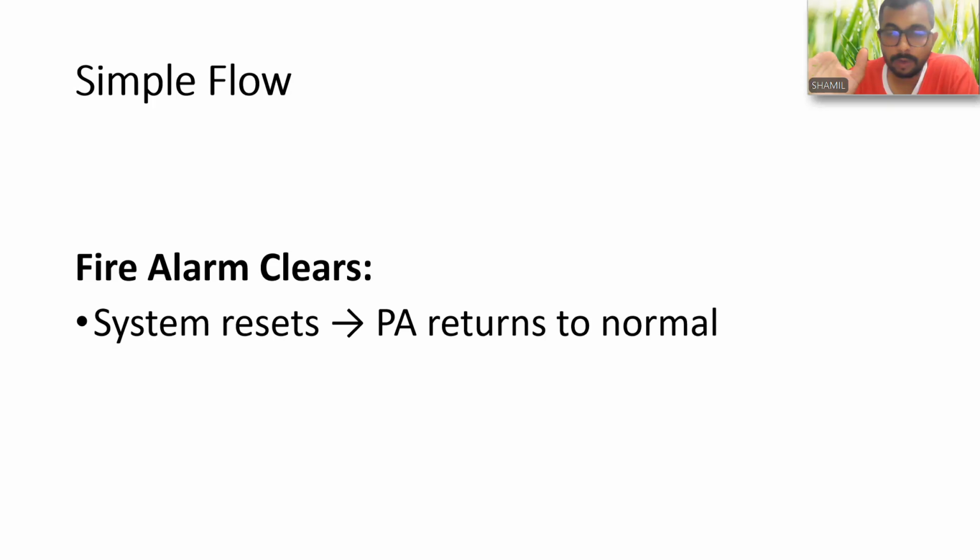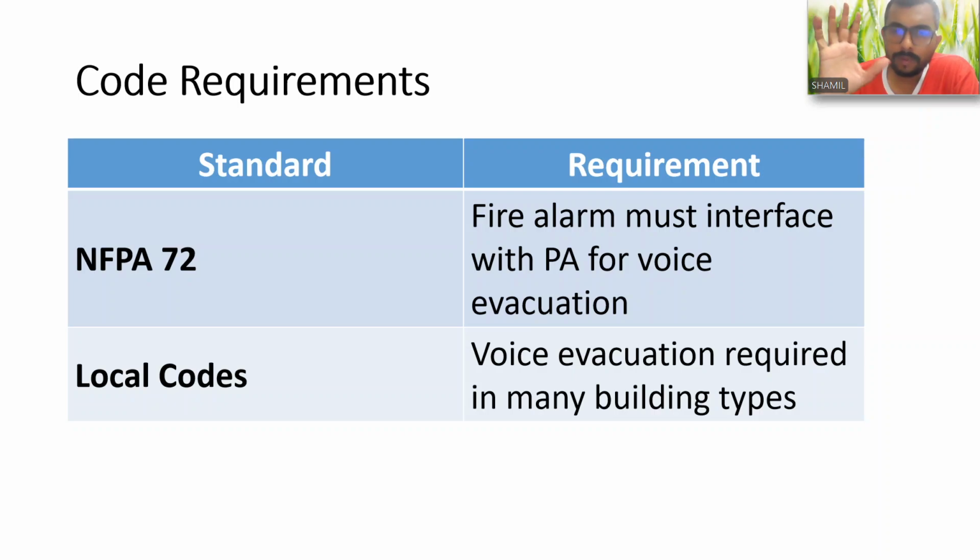This is just a brief explanation of what we had discussed earlier about the integration of the fire alarm system with the public address system. We will briefly go through the code requirements. We are not mentioning which clause it is, so I will leave it to the audience to go through the clauses.